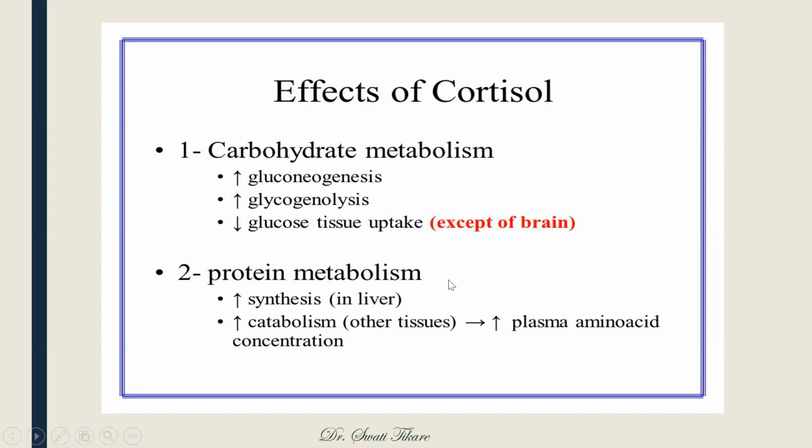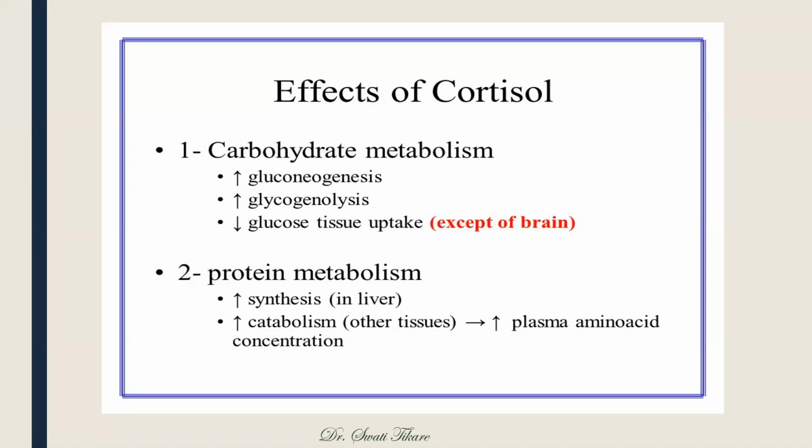Next, coming to the protein metabolism. Remember, in normal conditions cortisol is essential for all metabolisms to be in a homeostatic state. But whenever it is even slightly more, it has more of a catabolic function. It breaks down the protein.